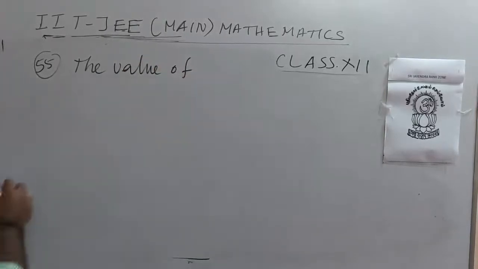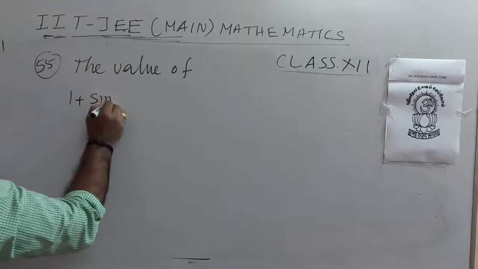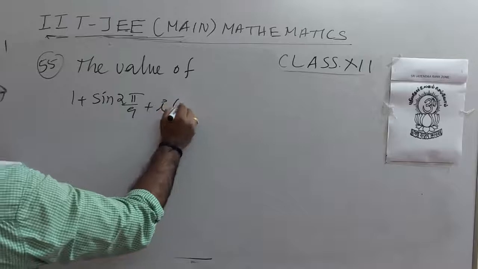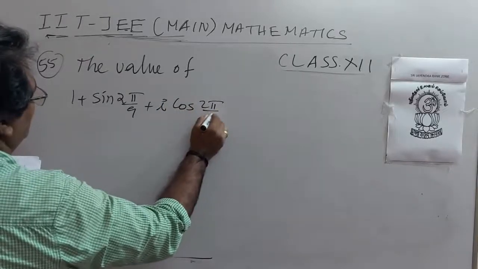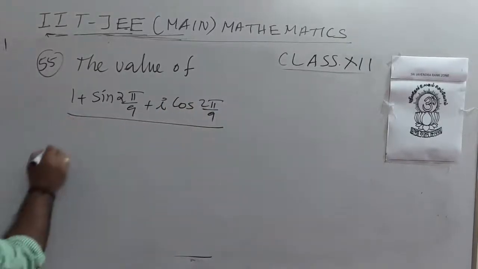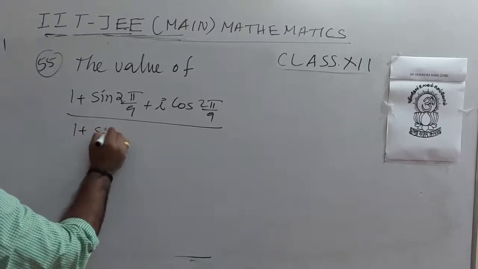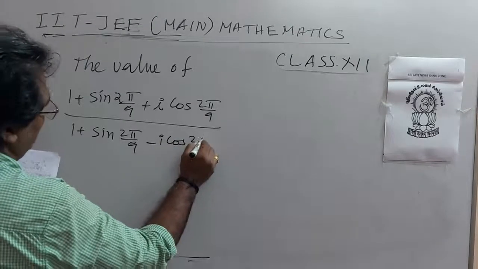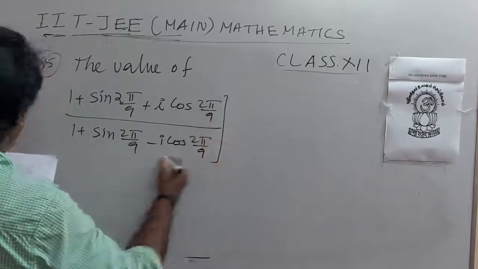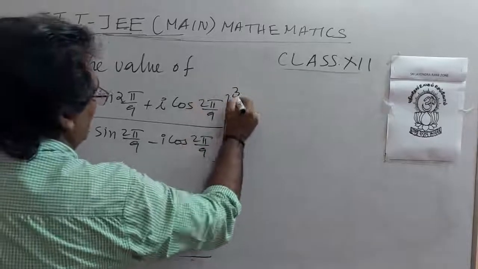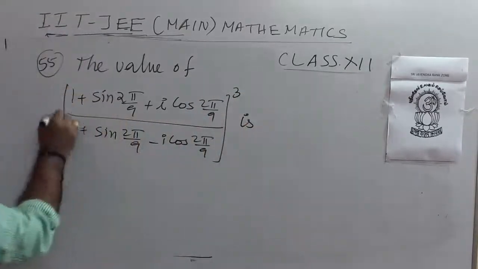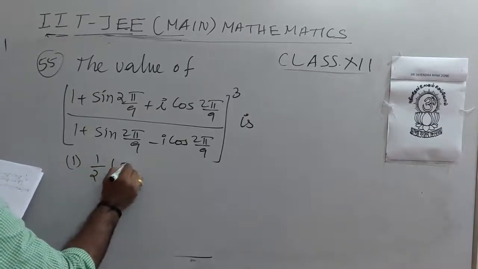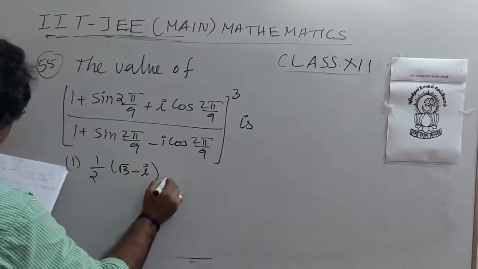The value of (1 plus sine 2 pi by 9 plus i cos 2 pi by 9) whole divided by (1 plus sin 2 pi by 9 minus i cos 2 pi by 9) whole power 3 is: first option 1 by 2 (root 3 minus i).